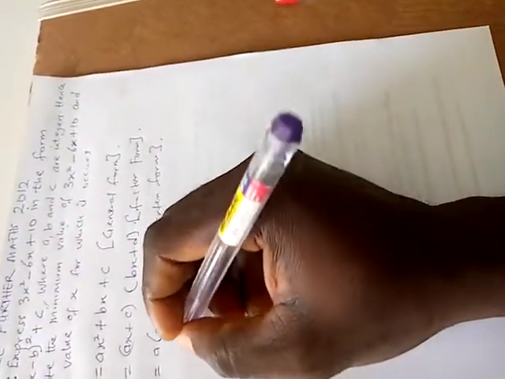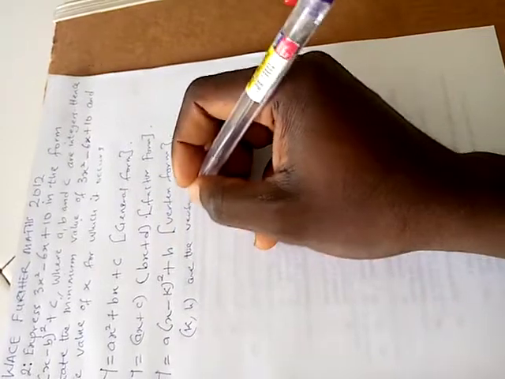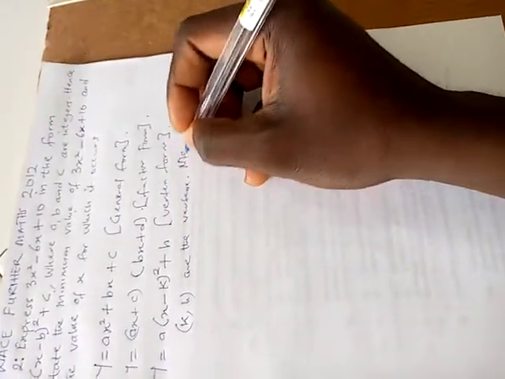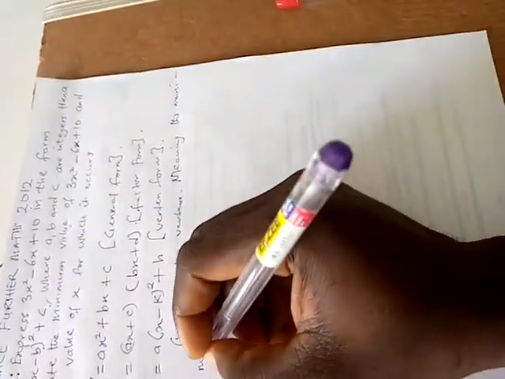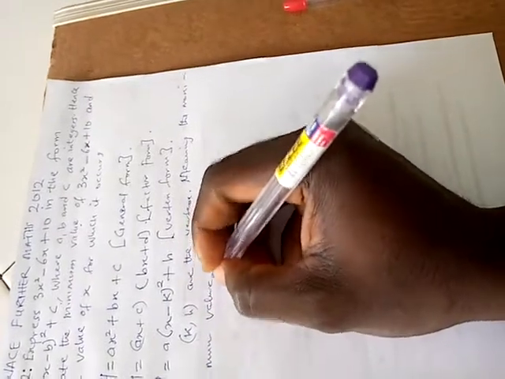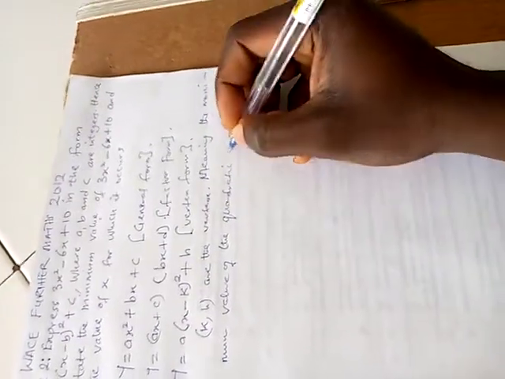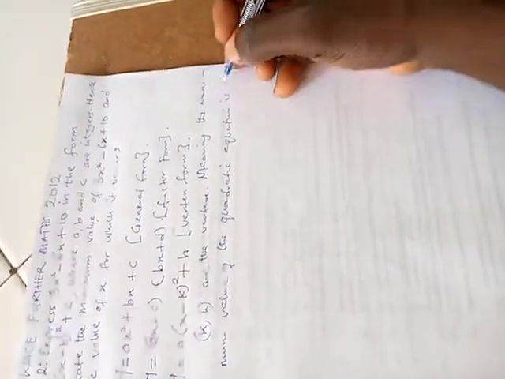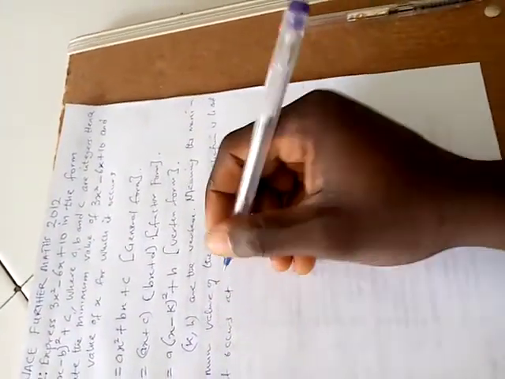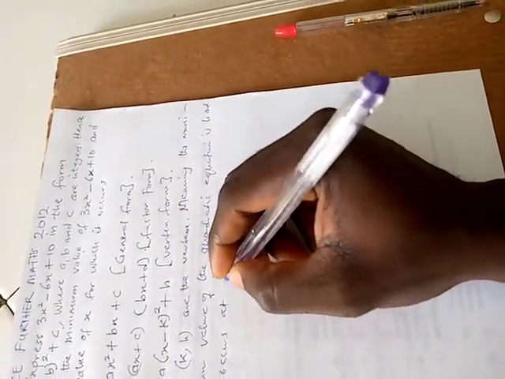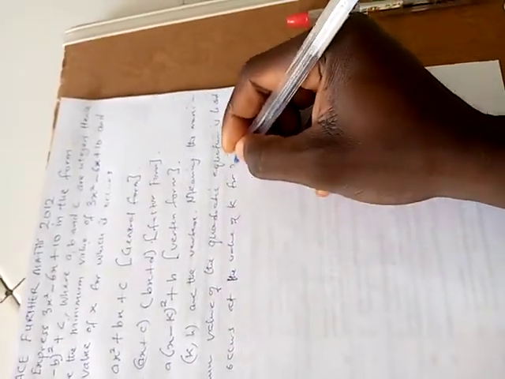Now, k and h are the vertex, meaning the maximum value of the quadratic equation is h, and it occurs at the value of k for x.